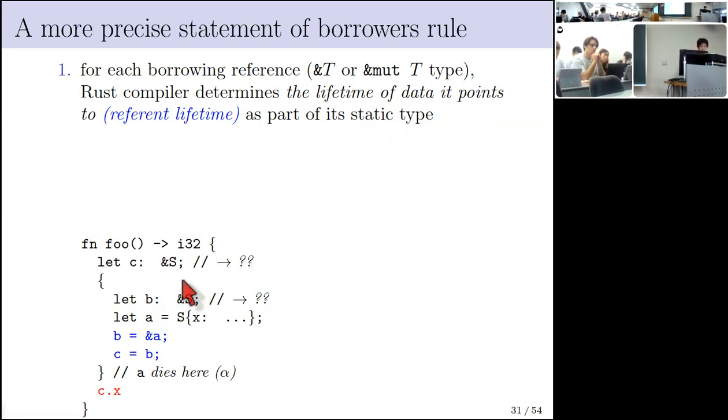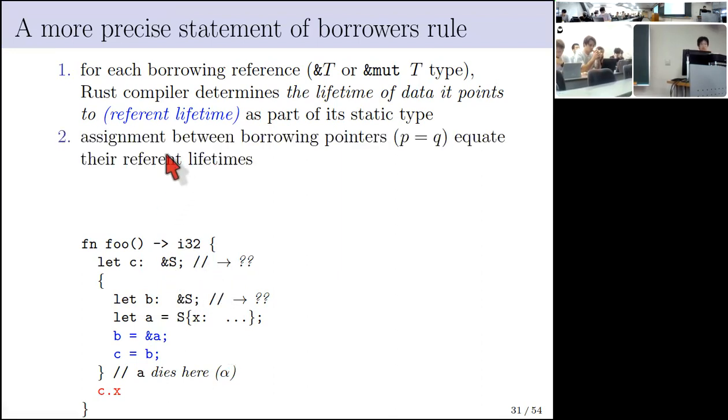So this is basically how the Rust compiler is trying to reason about this program. You have a reference and you have another reference. At this point, the Rust compiler hasn't yet determined their reference lifetimes.